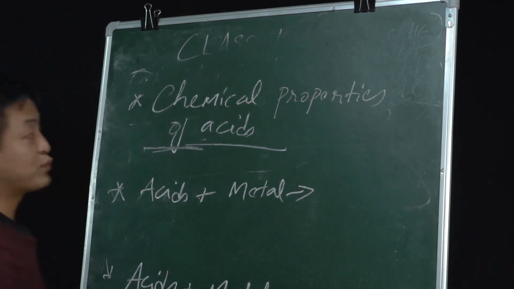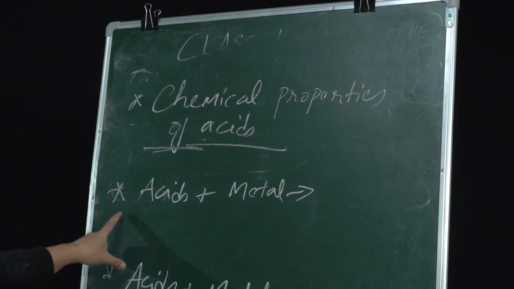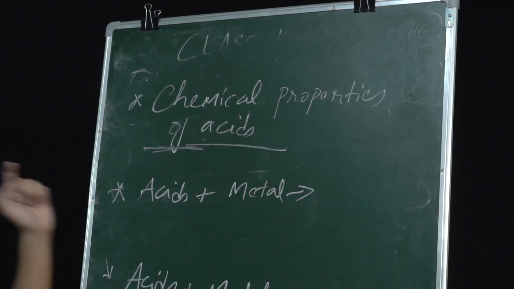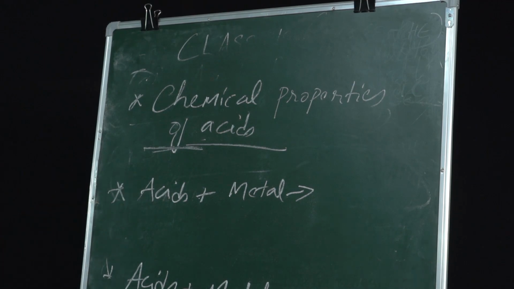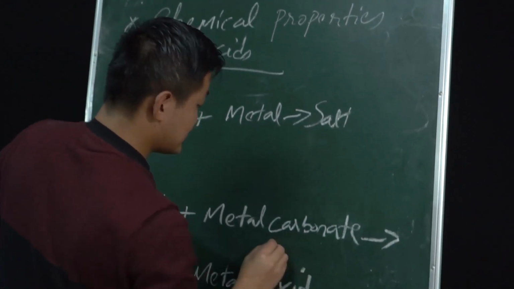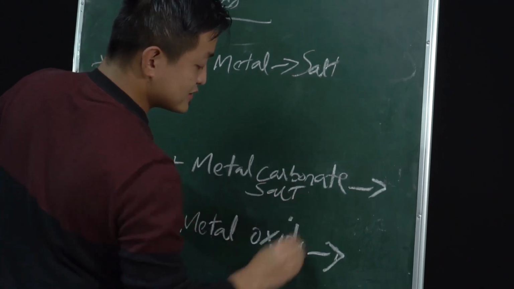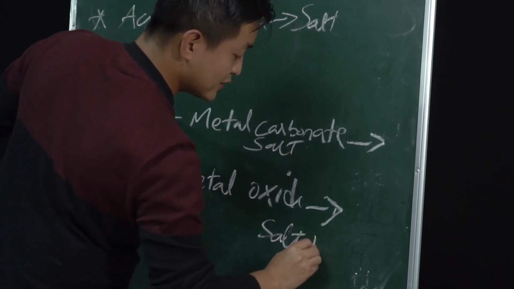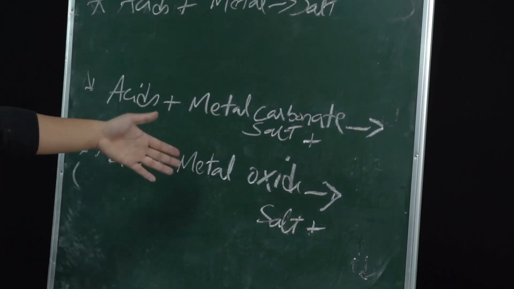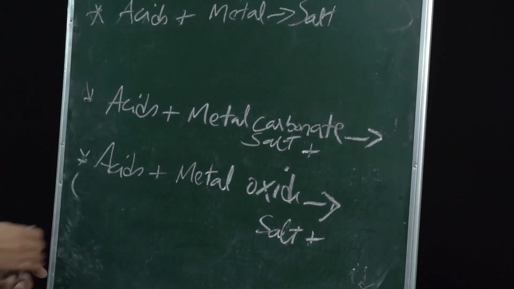So for chemical properties of acid, we'll study these 3, 1, 2, 3. So one common thing that we will get from here is salt. Clear? One common thing that we will get from here is a salt. So in all these 3 steps, we are going to get salt.